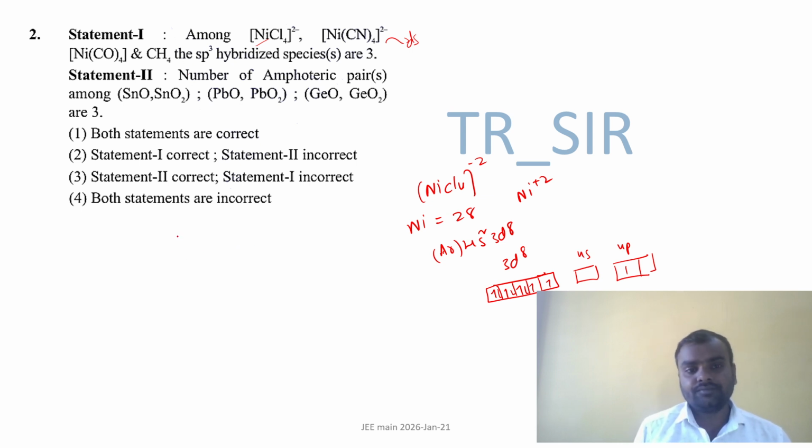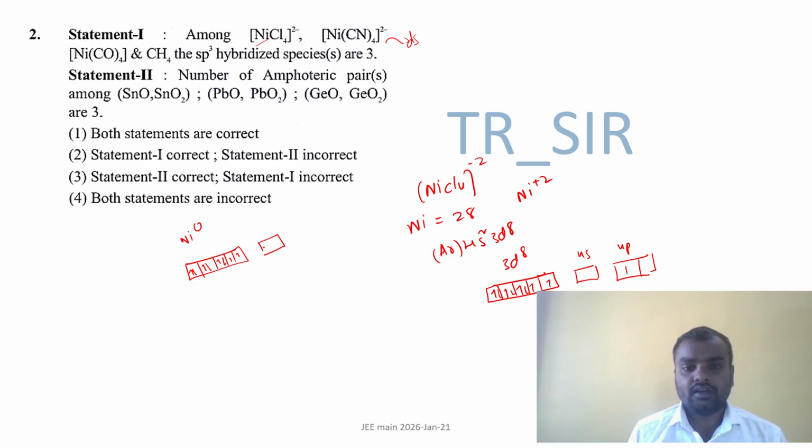How? Look here: the nickel state will be 0, because a carbonyl compound has zero charge. In this case, forced pairing will take place.